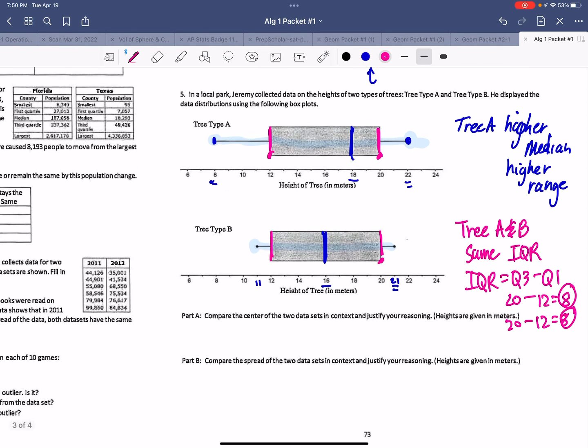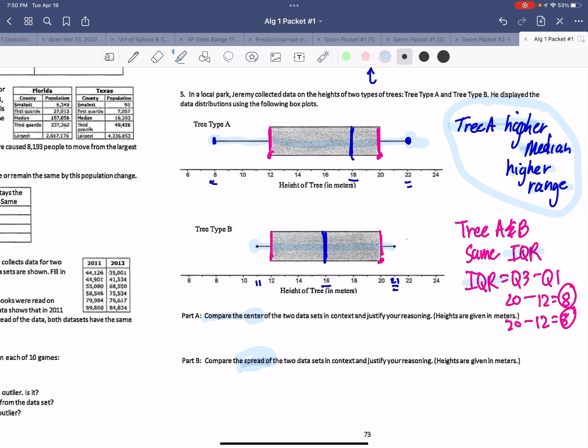So now let's answer our question here. It says, compare the two centers, and we did. Tree A has a higher median. Then compare the spread, and we did. Tree A has a higher range. So what else could be the spread? That's the interquartile range.